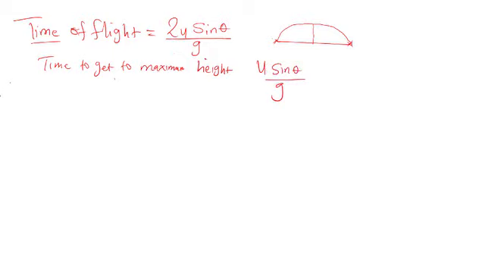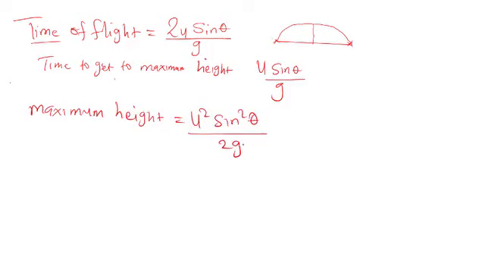Then another point I want us to take into consideration is the maximum height. In order for us to get the maximum height, we make use of the equation u squared sine squared theta over 2g. That's for maximum height. Then if you want to calculate the range, that's the distance traveled by the projected object, it is u squared sine 2 theta all over g.